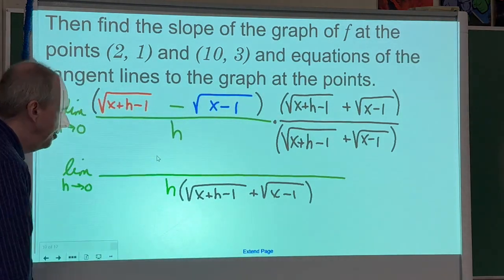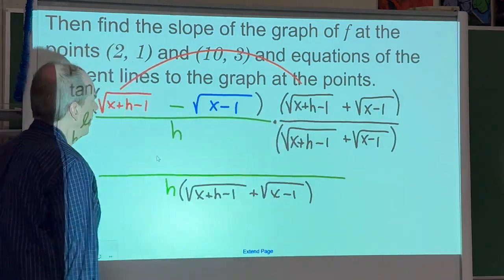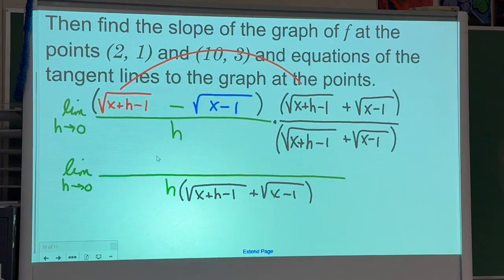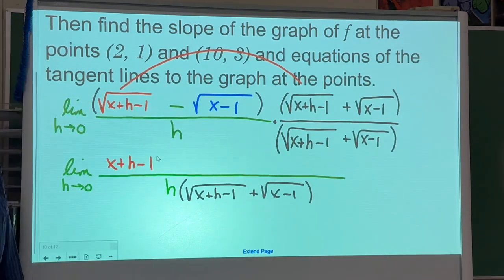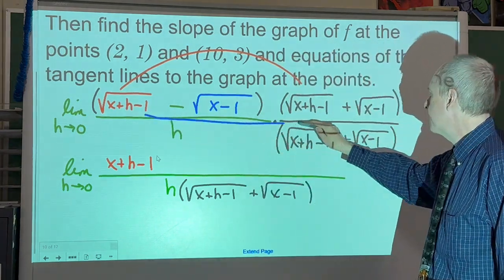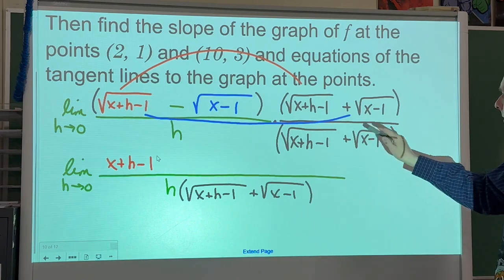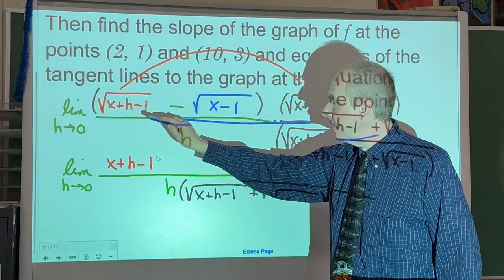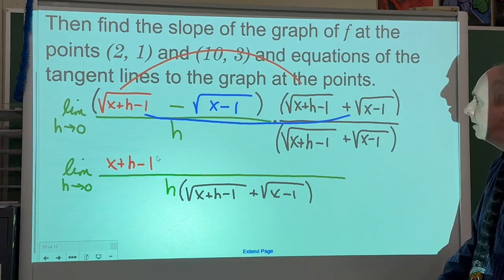And then we get to FOIL the tops. Square root of x plus h minus 1 times square root of x plus h minus 1 is x plus h minus 1. Radical times a radical, same radical, gives you back everything under that radical. Next, we would have this times this would give you a positive x plus h minus 1 times radical x minus 1.